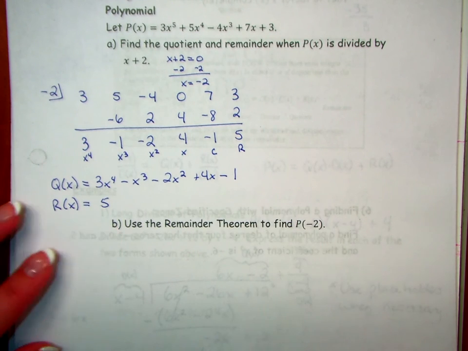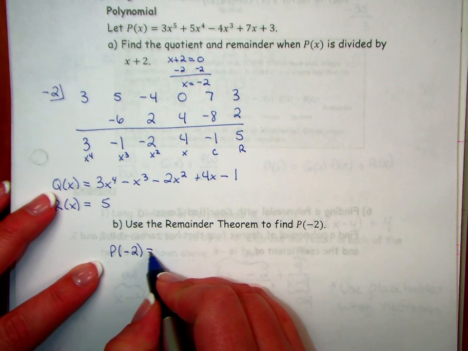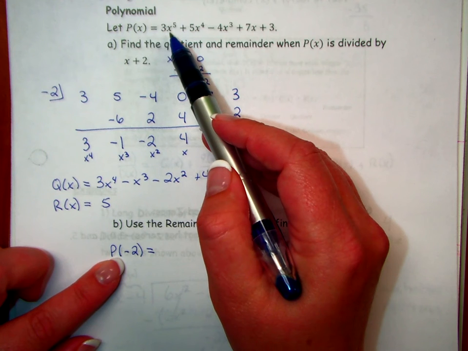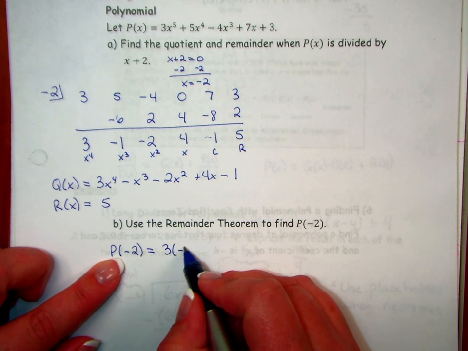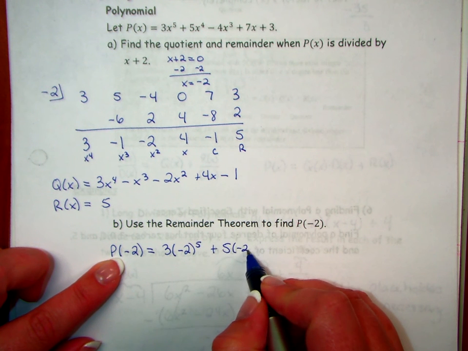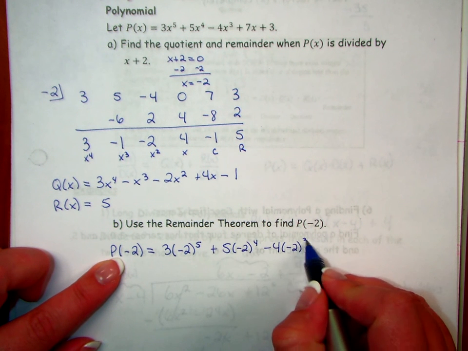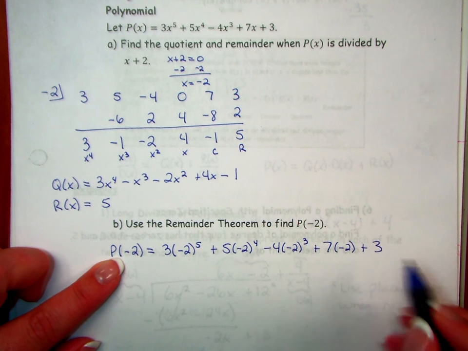plug into our polynomial. If I plug negative 2 into the polynomial, this is going to be some big numbers, but we can do it. 3 times negative 2 to the 5th plus 5 times negative 2 to the 4th minus 4 times negative 2 cubed plus 7 times negative 2 plus 3.